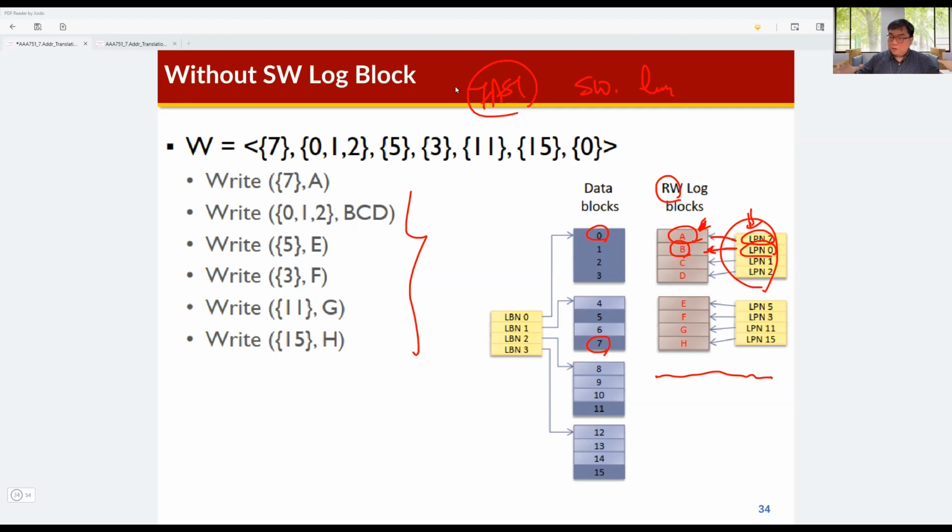This logical page number exists across multiple data blocks, but these pages can be assigned to the same random write log blocks. Okay, that is some unique feature of the FAST.